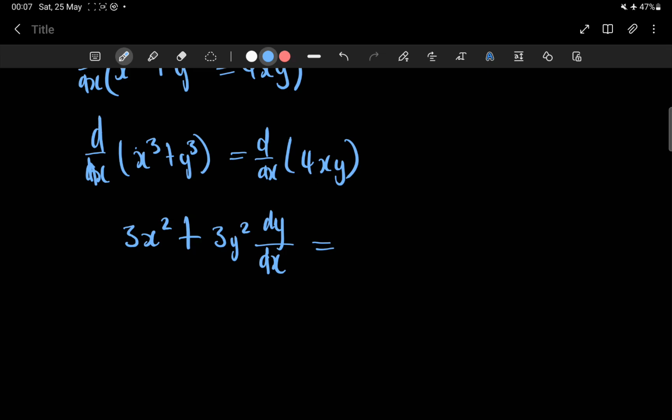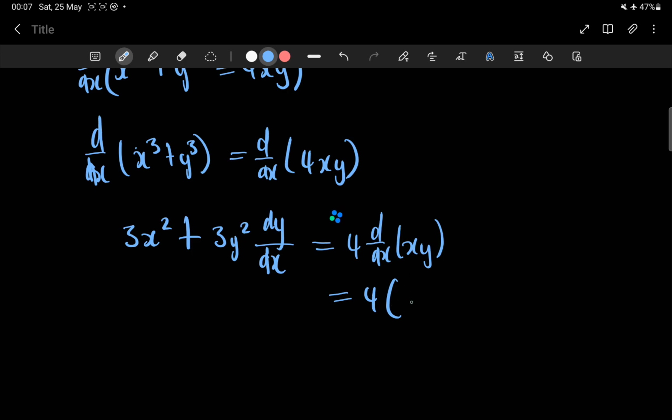So this is going to be equal to, now here we are on the next, d dx of 4xy, right? I can say 4 comes out. It is 4 times the d dx of xy, okay? What's the derivative of xy? This is product rule because x and y are multiplying. It's a product. So what is it going to be?